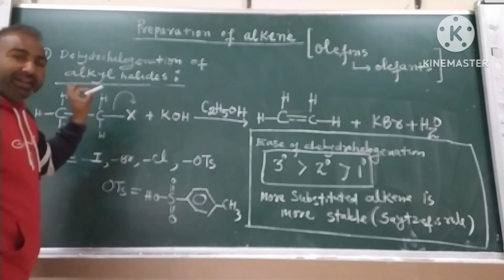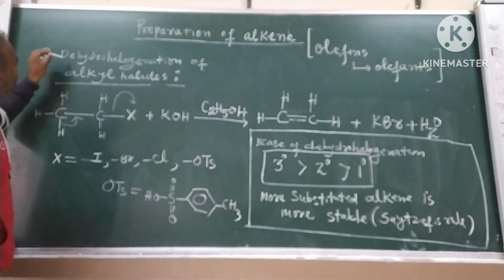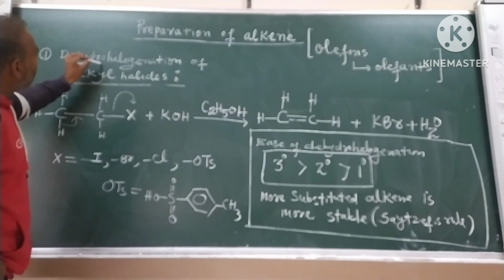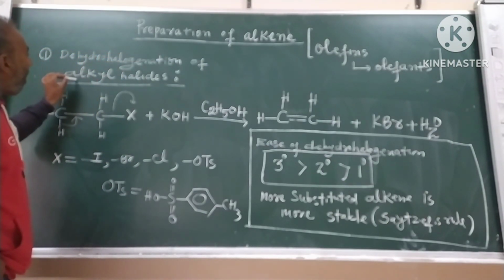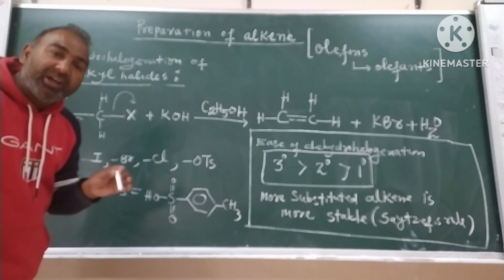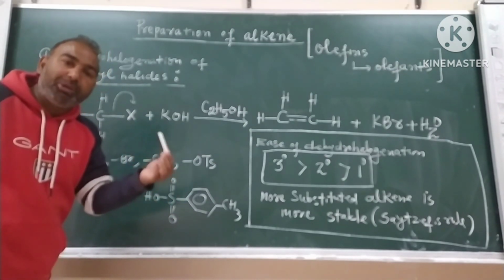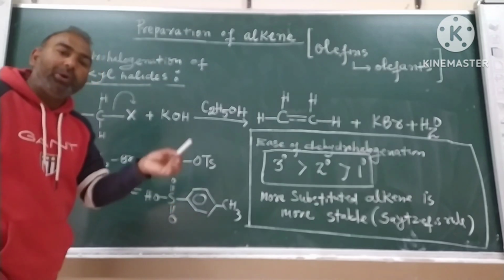So the first method of preparation of alkenes is by dehydrohalogenation of alkyl halide. From alkyl halide we will eliminate HX, HCl, HBr or HI.